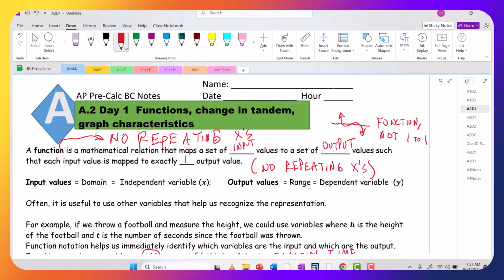Now, I do like input. Say it. Input. When I say input, what's the other thing? Output. I'm going to say this a billion times in here. As a matter of fact, everything that we graph this year is going to be a series of inputs and outputs, which are called coordinates.